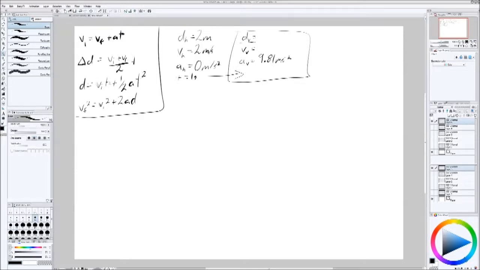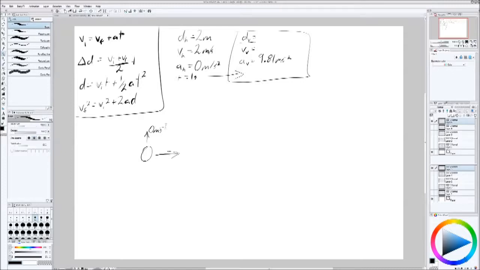We want to ignore velocity as much as we can. Now, because we fired off the bird straight that way, we weren't pointing it up or down, so we can say that the initial velocity in the vertical direction was 0 meters per second.